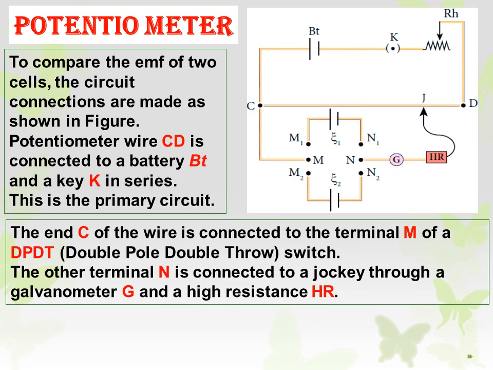The end C is connected to the terminal M as I told you, and this is called the DP-DT switch, double pole double throw switch. The other terminal N is connected, as I told you, with the galvanometer and the high resistance HR.